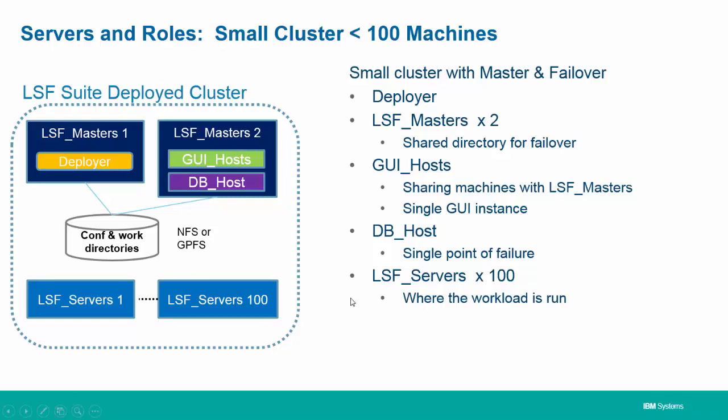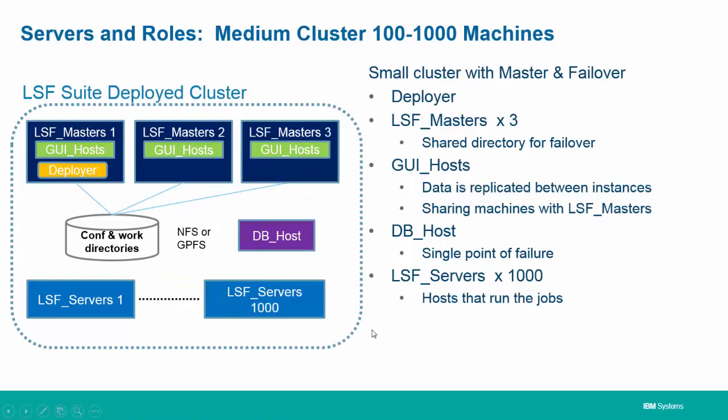So this is a small cluster of maybe less than 100 machines. Another point, for the masters and GUIs, they do require a shared directory if you want to have any type of HA. And that can be either NFS or Spectrum Scale.